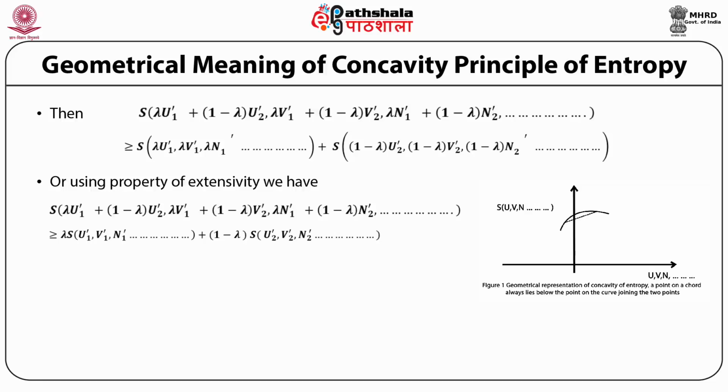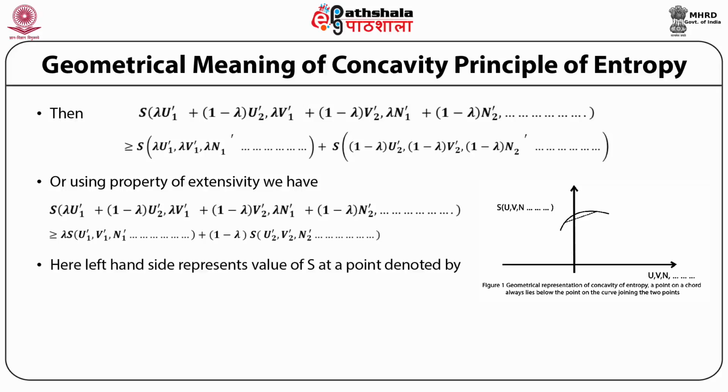Or using the property of extensivity, we have S as a function of lambda u1 dash plus 1 minus lambda u2 dash, comma, lambda v1 dash plus 1 minus lambda v2 dash, comma, lambda n1 dash plus 1 minus lambda n2 dash and so on, greater than or equal to lambda S as a function of u1 dash, v1 dash, n1 dash plus 1 minus lambda S as a function of u2 dash, v2 dash, n2 dash.